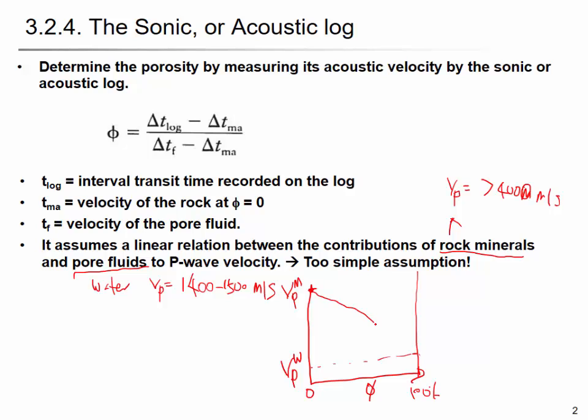So you just assume a linear line from this to this, and this gives you the porosity, right? This is a very simple assumption. It ignores a lot of the variation of the rock mineral and the mixture theory and the association between the rock mineral and the water, right? So this doesn't give you a very accurate result, but it gives you some kind of rough ballpark number about the porosity.